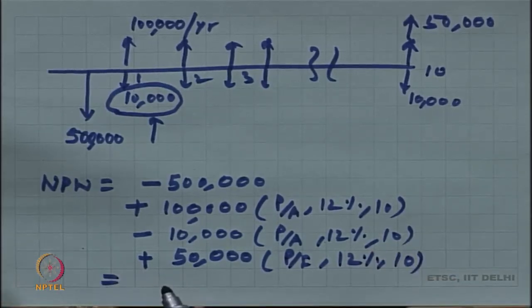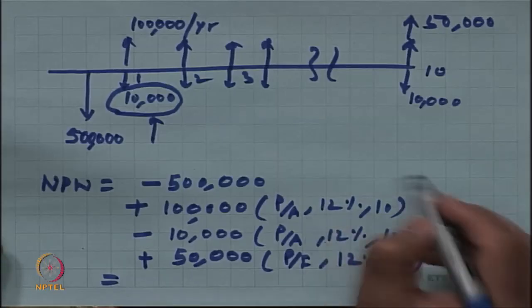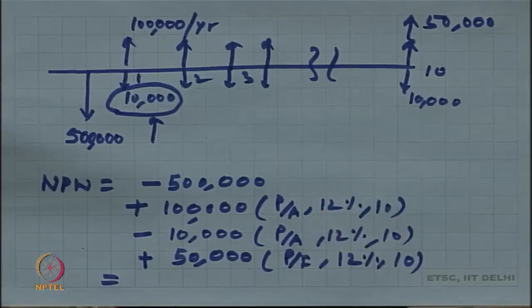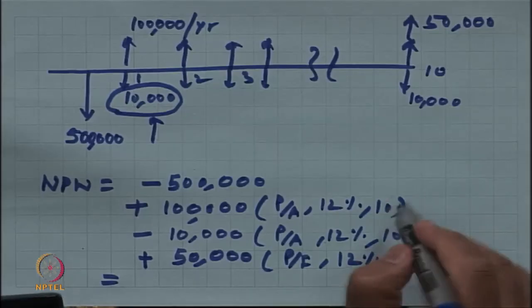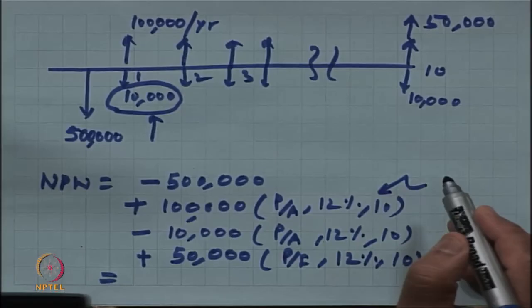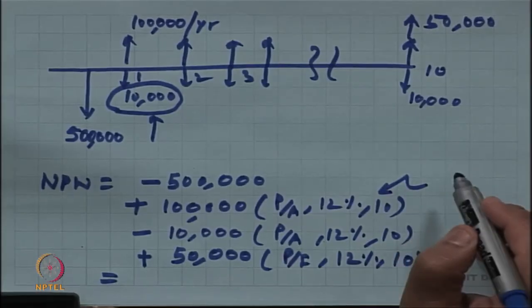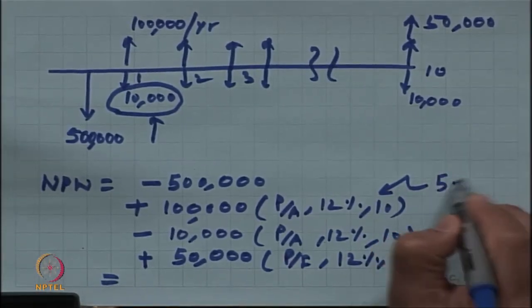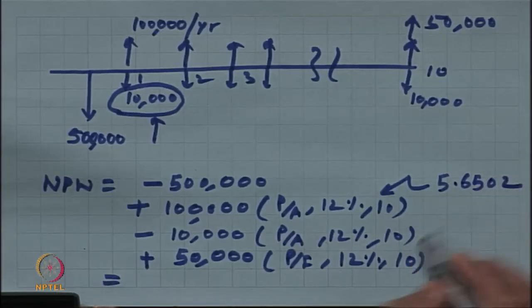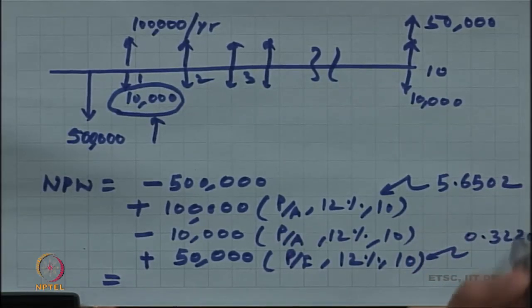Let us see how much this comes out to be. This is minus 500,000. Now, I multiply 100,000 by 5.6502, and the other factor is 0.3220.